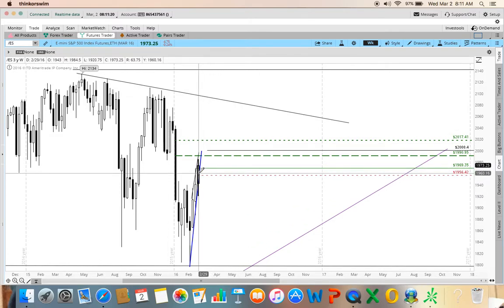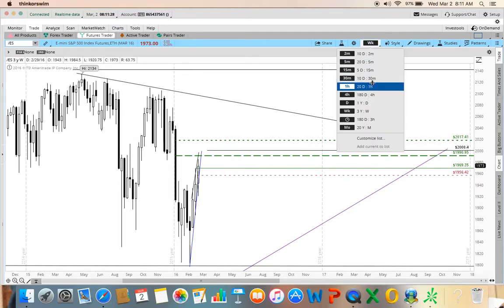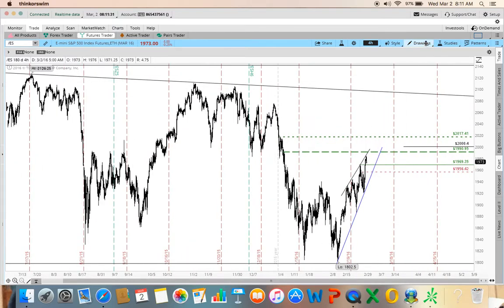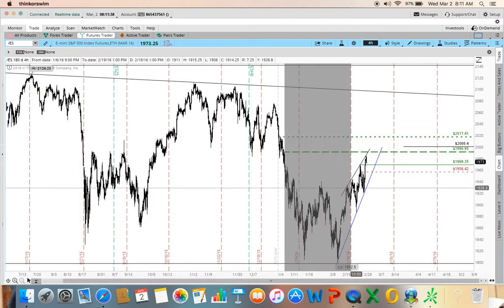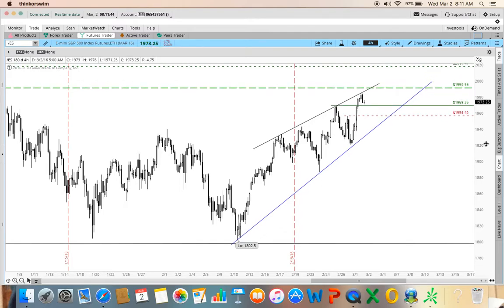From the weekly chart, we can see that our test will be 2037, 2038, but we have 4 hour hurdles in between. 4 hour support and resistance, as per my opinion and my trading, are the most important supports and resistances we can look at from a major trend perspective for our trading.